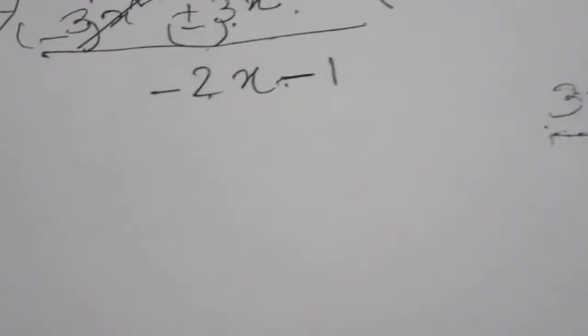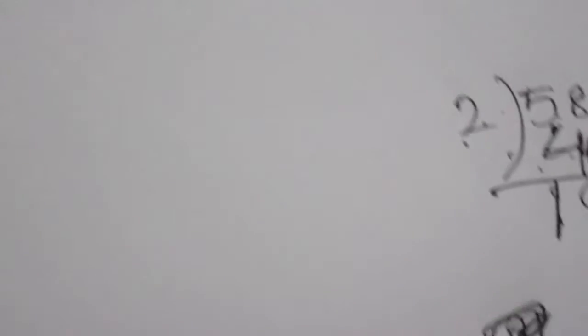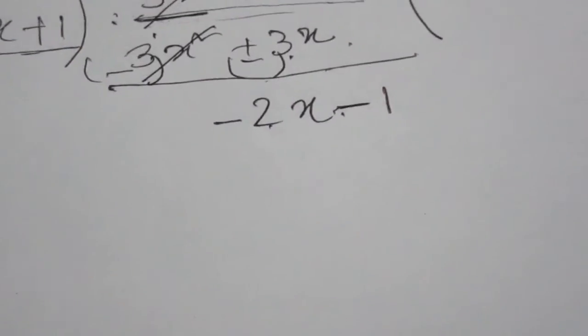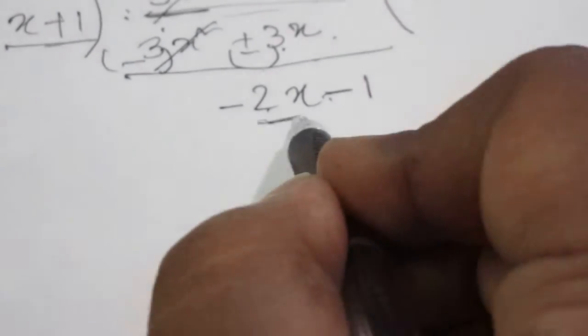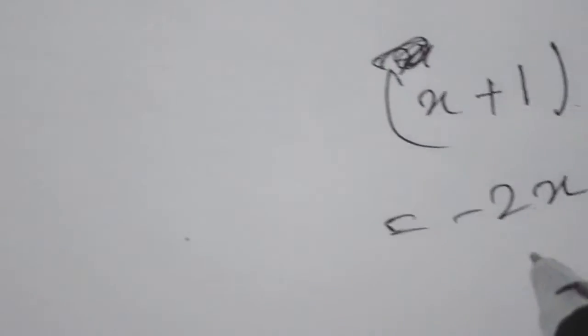Now again we have to write the divisor x plus 1. Now what is the term we have? We have minus twice x. The first term is minus twice x. So we have to write minus twice x here.